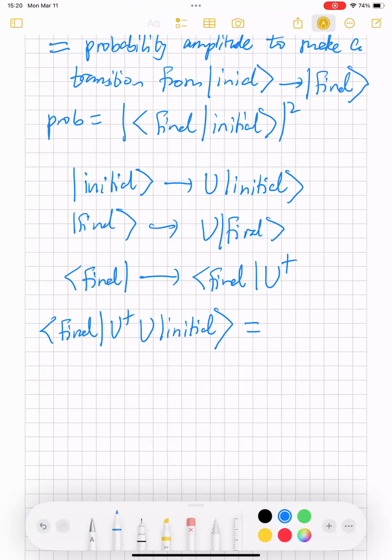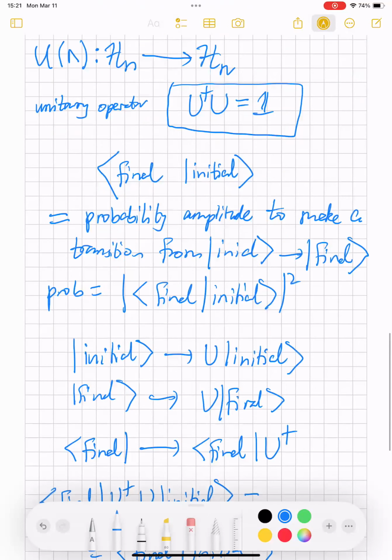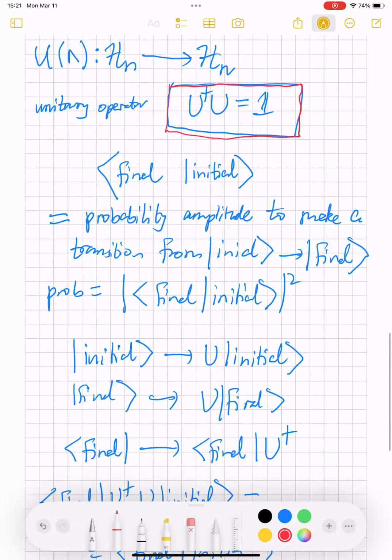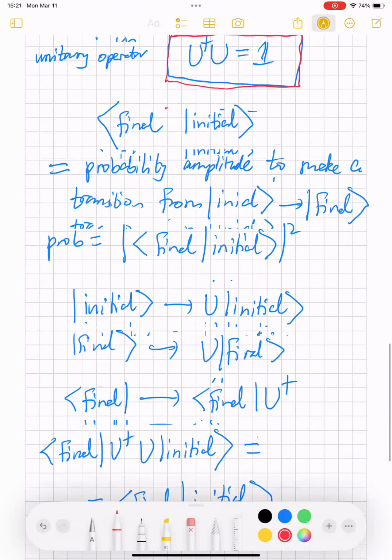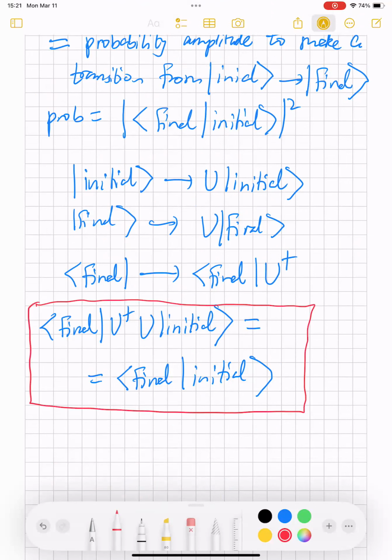Well, this is nothing but the overlap between the final state and the initial state if we have a unitary operator. So if time translation is implemented by a unitary operator, we know that no prediction of the theory would change, and we're perfectly justified in calling this a symmetry of the theory.